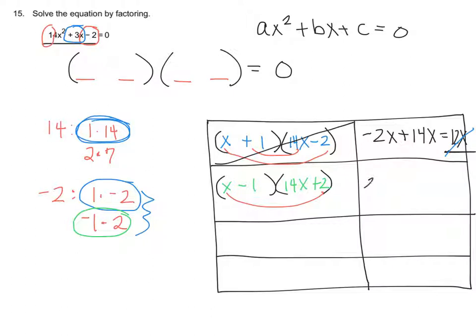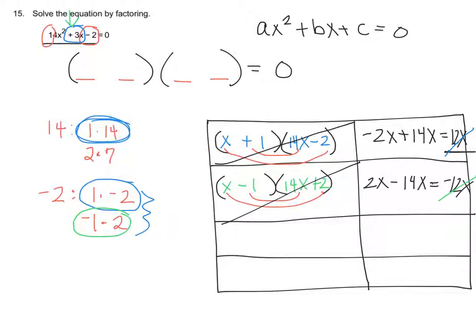That will give me a 2x. And the inner terms together. That gives me a negative 14x. 2x minus 14x is a negative 12x. Negative 12x does not equal the middle term of positive 3x, so that combination will not work.